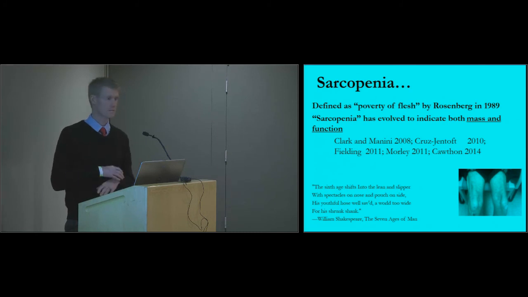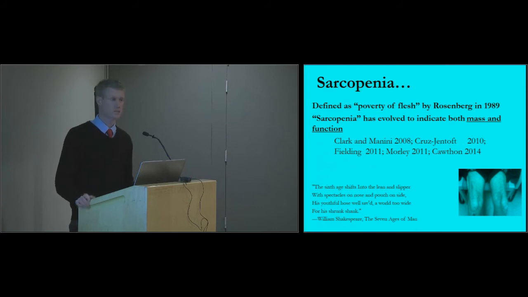So sarcopenia, how does it affect individuals and society? Sarcopenia, initially described as loss of muscle mass, has become more equivalent to muscle mass and weakness, because people have shown clearly that muscle strength drops faster during aging, and that muscle strength is more tightly associated with outcomes.